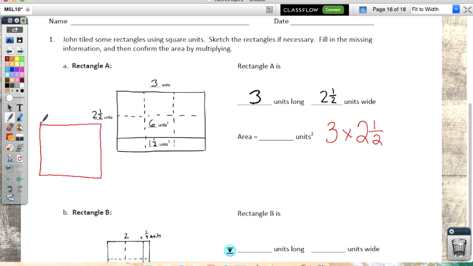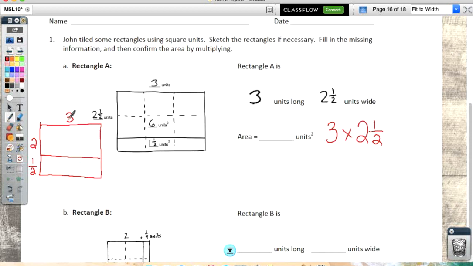So this area model is going to have 3 on the top, 2, and 1/2. Okay, so go ahead and draw that area model. And in an area model, remember, we multiply.